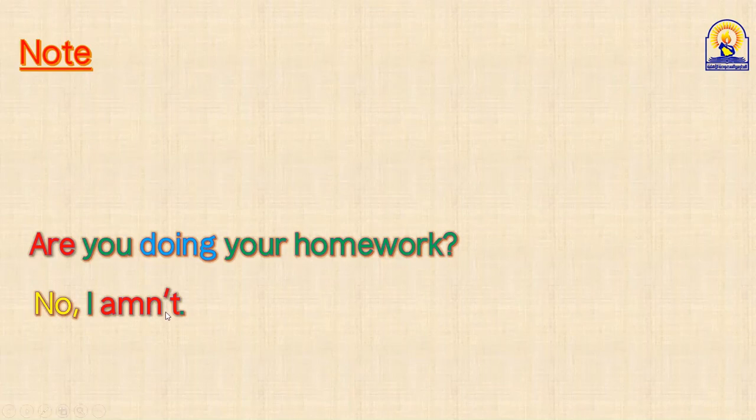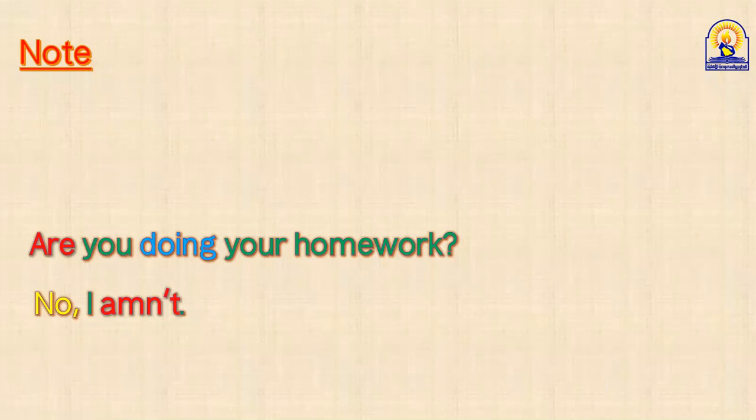Mr. Khalid told you when you have a short answer using no, you must make it short form like this one, and I made it short form. I abbreviated not, I deleted the o and put an apostrophe, and then made it with am. It became amn't like this, and I have 3 words. No, I amn't. Is it correct or not correct? No, incorrect.